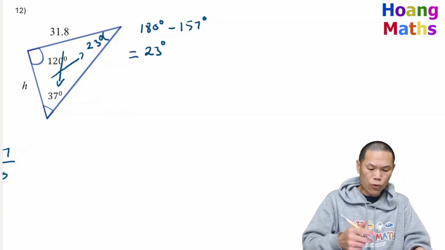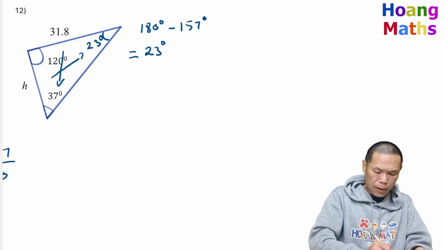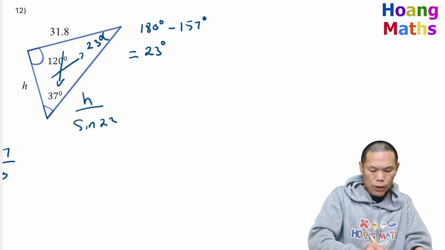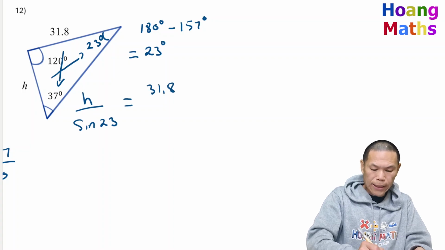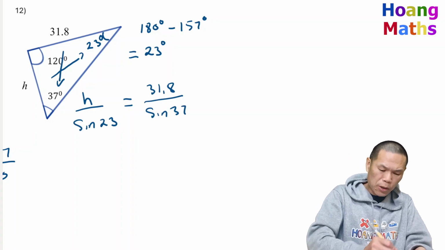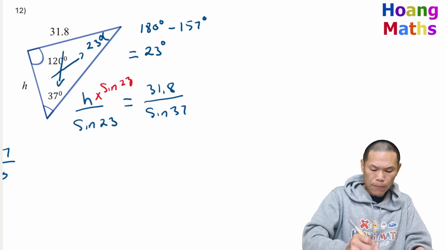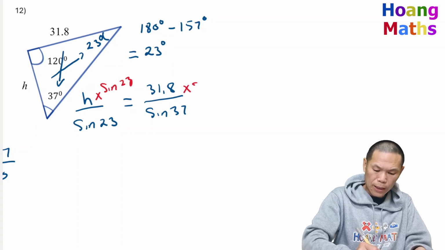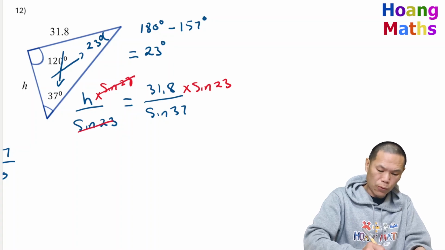So now we know that H over sine of 23 is equal to 31.8 over sine of 37 degrees. So I just times sine of 23 degrees. So this cancels with this.